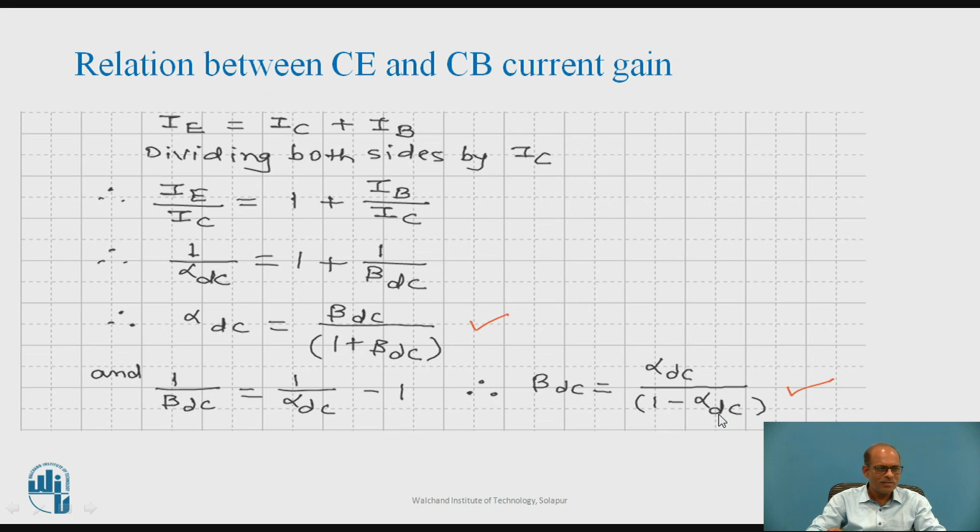So these are the conversions between alpha DC and beta DC. Once we know either alpha DC or beta DC, the other current gain can be obtained.